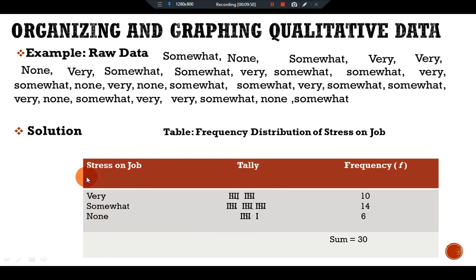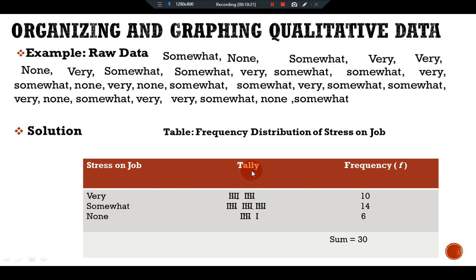So let's talk about the arrangement of data. Here we have the main variable, stress on job, and we have provided the different categories of this variable: very, somewhat, and none. For getting the frequency distribution of raw data, we make tally marks.